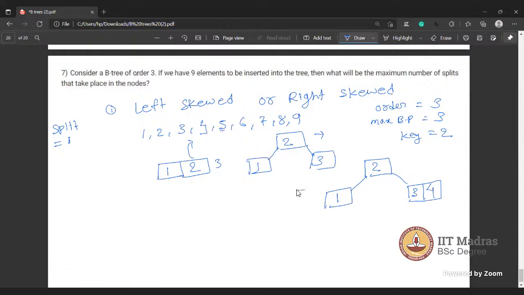What will we get? With 2, we have 1; and in the right node we will have 3, 4, 5, so you have to split, right? Yes, sir. So the middle will go up.